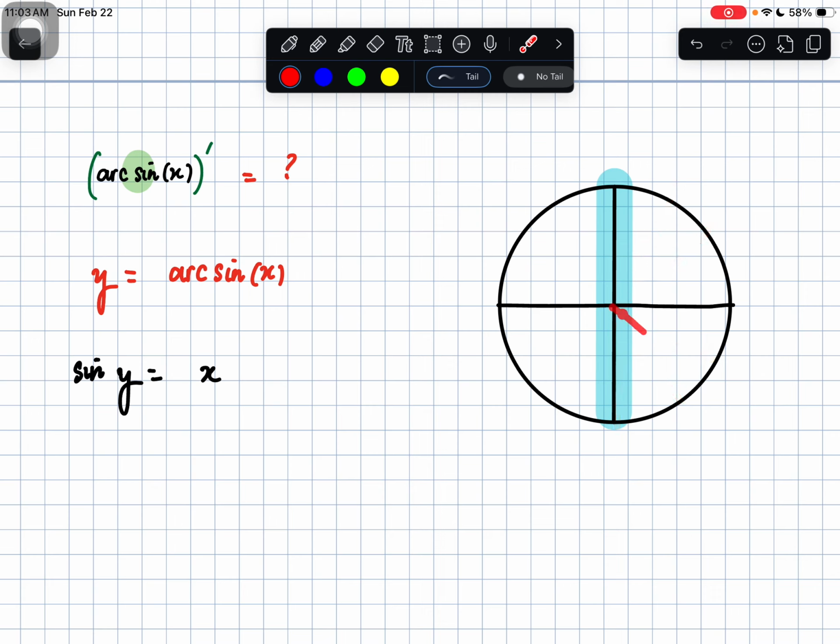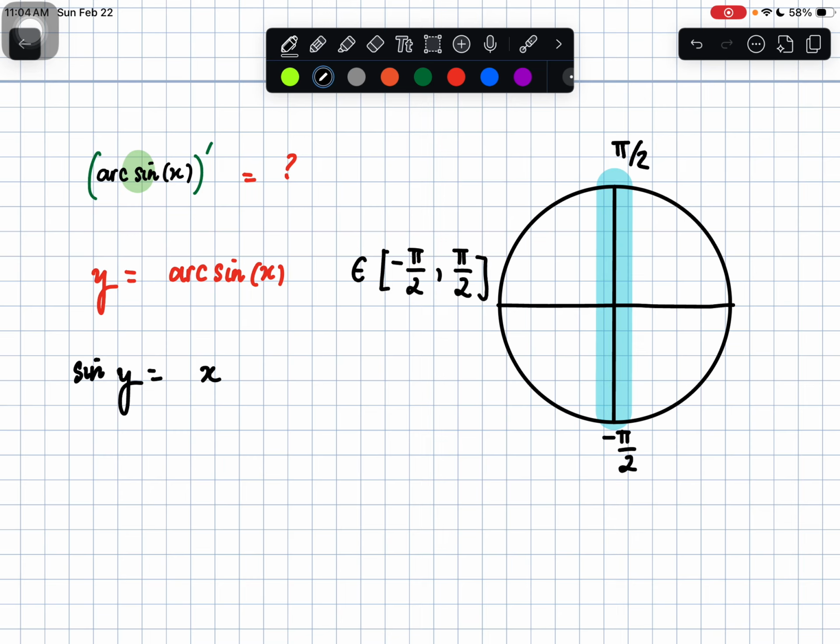This angle, for example, will be minus pi over 4. So we say that y is from minus pi over 2 to plus pi over 2.